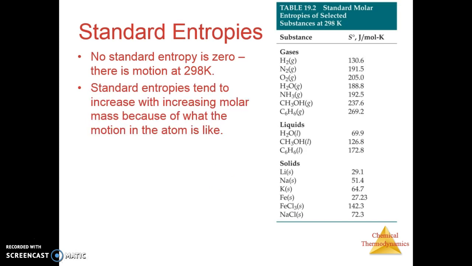Standard entropies, just to give you some practical logic, tend to increase with increasing molar mass. Why is that? Well, more molar mass means you've got probably more atoms, or at least bigger atoms, and so the chances of positions are going to increase with that. So you go from hydrogen gas, which is a very small 2-atom molecule, to something like benzene.